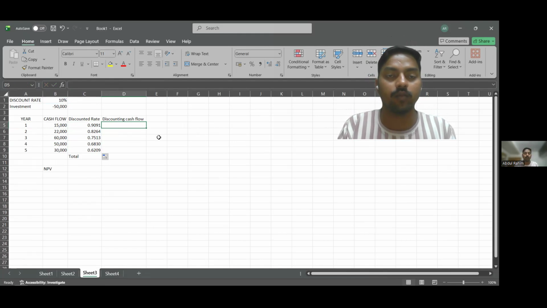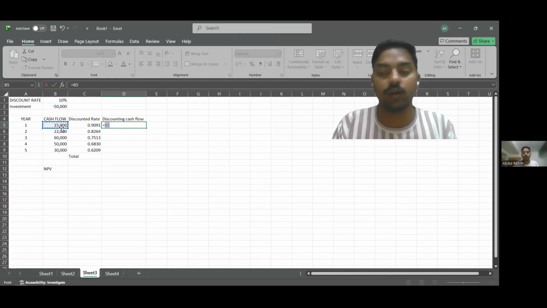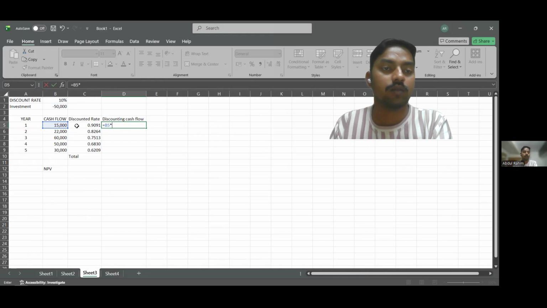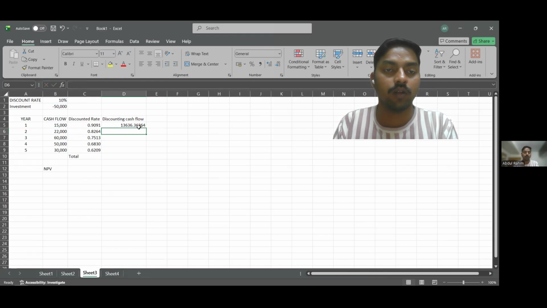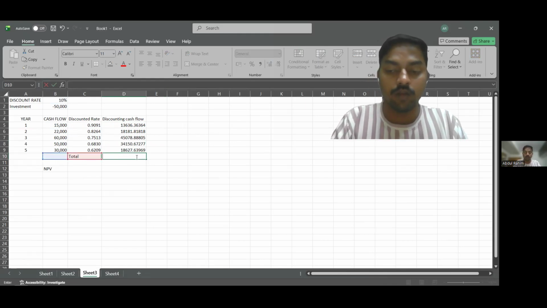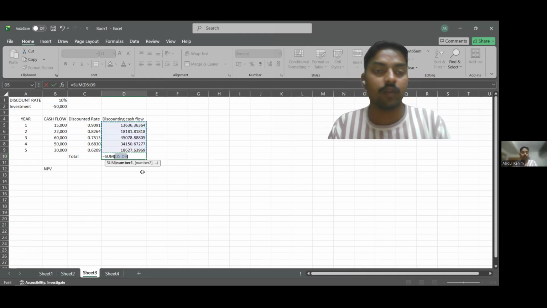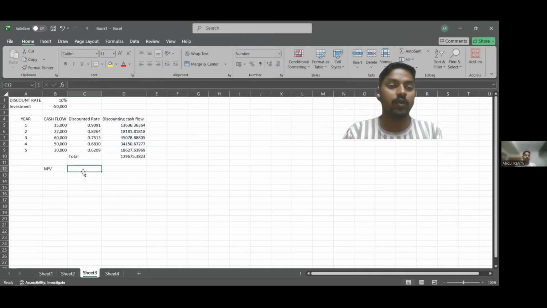for discounting cash flow. Then we just have to multiply this cash flow by the discounting rate. We no need to calculate for every year. For total, use the formula of sum, that is our total.